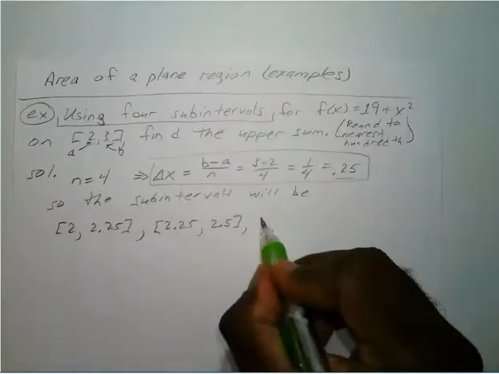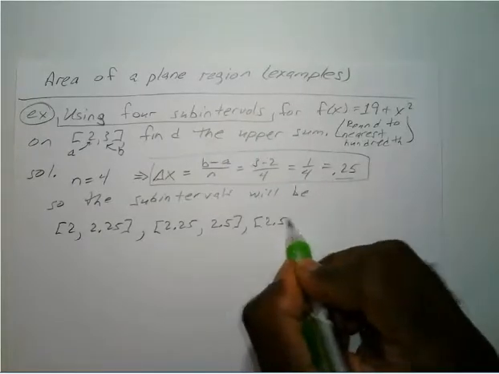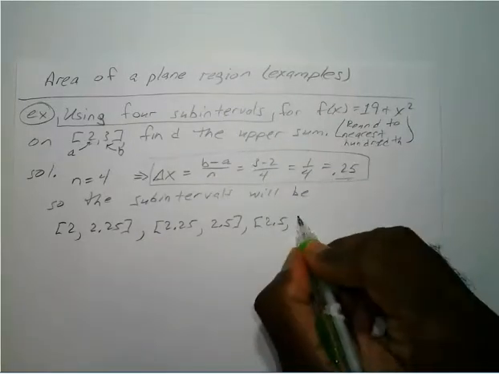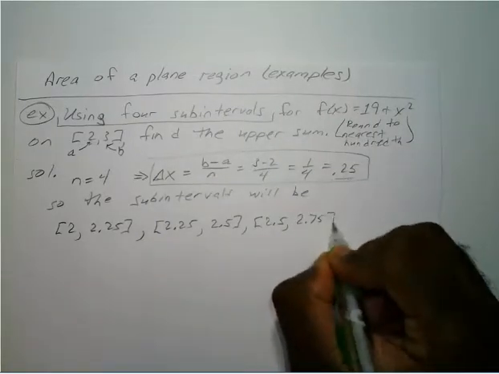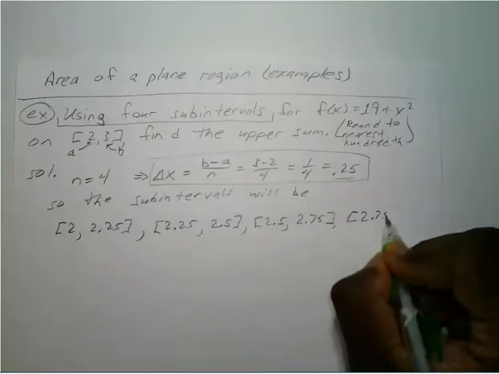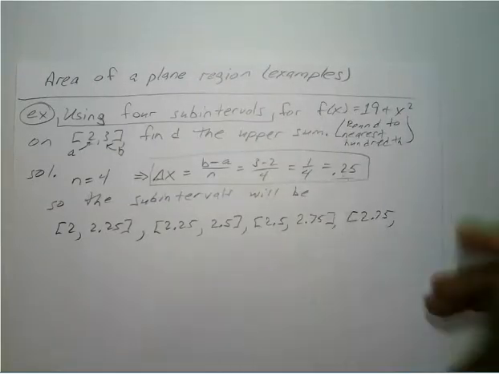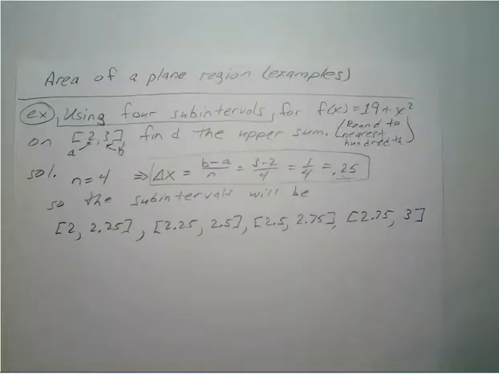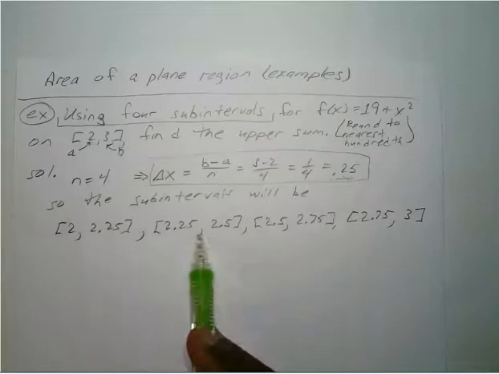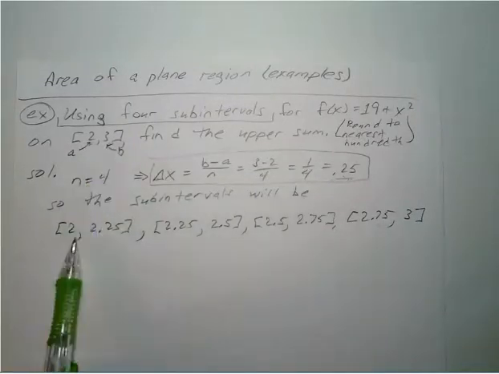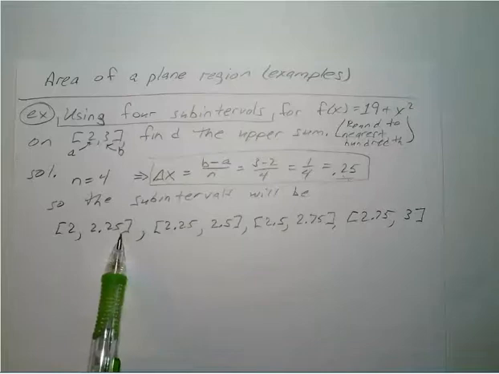Then from 2.5, we add 0.25, and that will be 2.75. Then from 2.75, we add 0.25, which gives us 3. So these are all of your 4 subintervals. Instead of just going from 2 to 3 directly, we're going from 2 to 3 in intervals of 0.25.